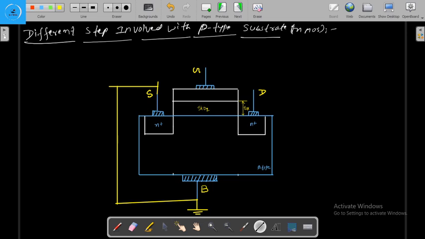Now we are applying the voltage VGS here.